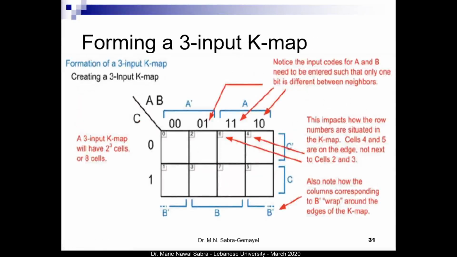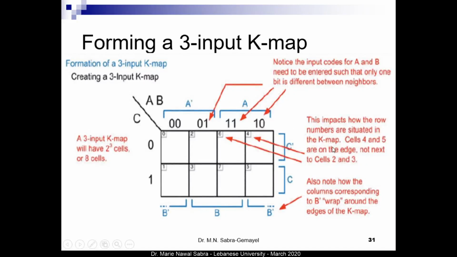If I have three variables, it is a little bit more complicated. I have to pay attention that when I'm filling them up from the truth table, they are not straightforward, because here I have two variables, A, B, and C is on the other side.